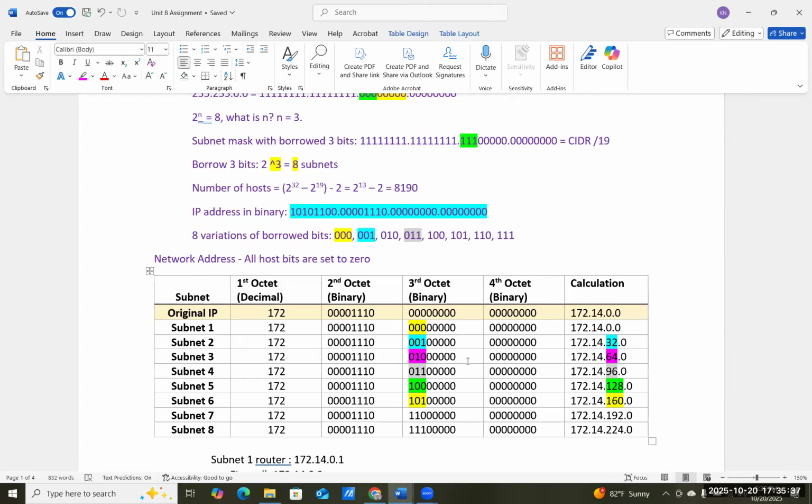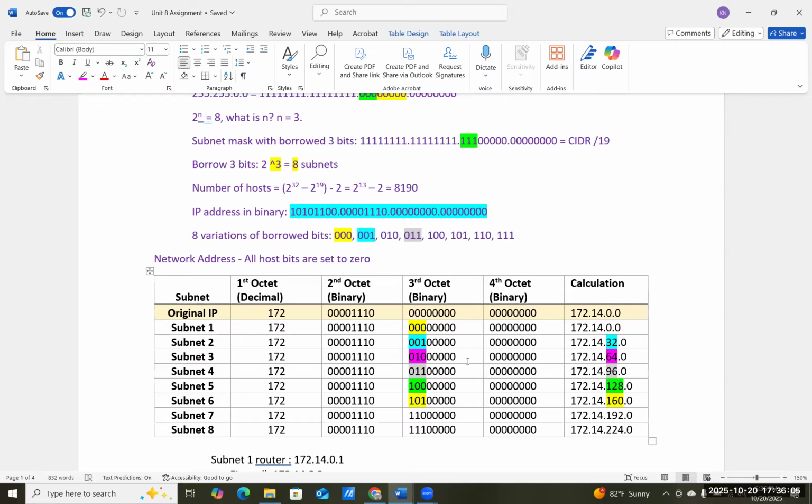In this question, when we build the 8 subnets, there's an increment from one subnet to the next. What's the difference? 32, isn't it? So after a few subnets, you notice there's a pattern, right?